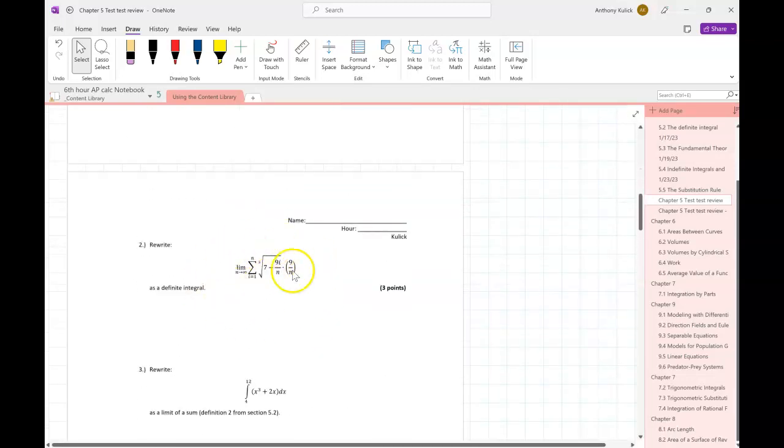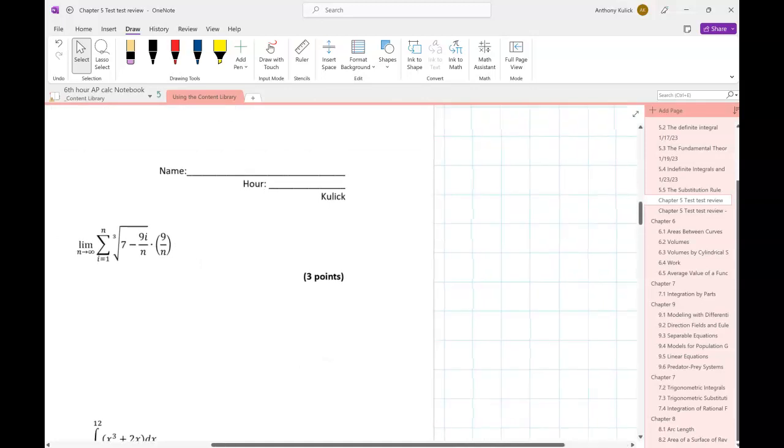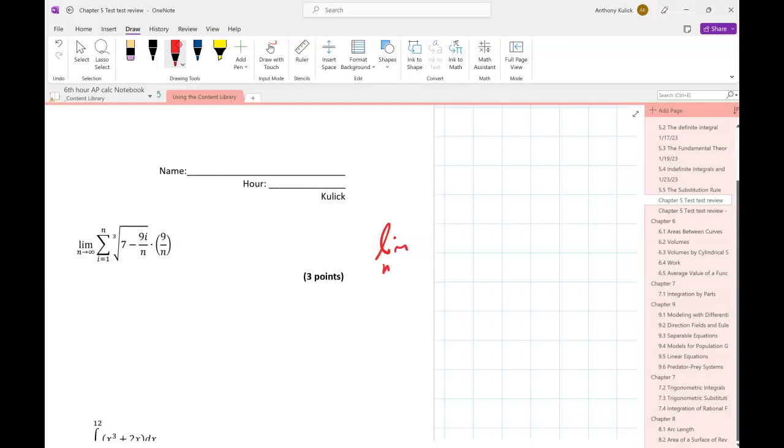Here we're just converting from this form into an integral. I think almost every practice ACT multiple choice exam I've looked at had some problem of this type. Do you know how to do this? Guys, here's the deal. This was just a definition. This was like definition 2 from this chapter.